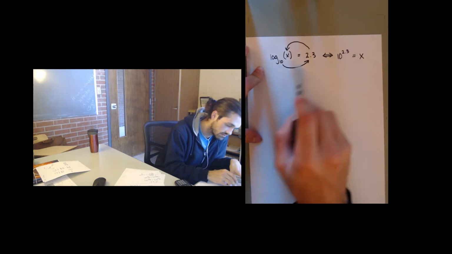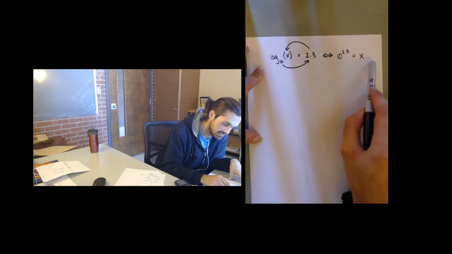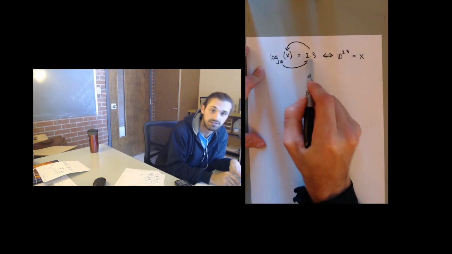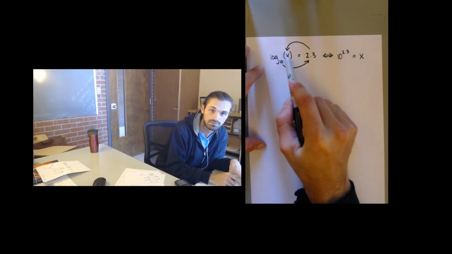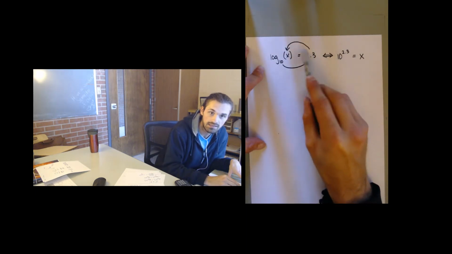So whenever you're looking at a log statement and you want to write the corresponding exponential statement, recognize it's the base of the log raised to whatever's on the other side of the equal sign must be equal to what's inside of the log argument. So that converts to 10 raised to the 2.3 is equal to x.